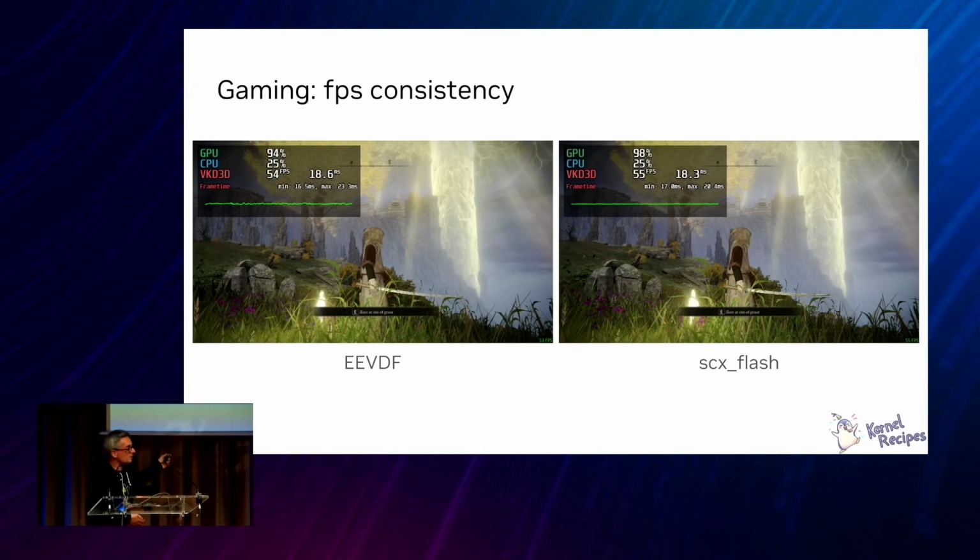I'm not sure if you can see from there, but basically this green line is a little bumpy here, and it's more flat here. FPS consistency means frames per second over time.